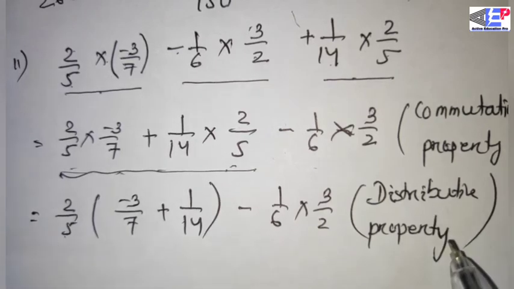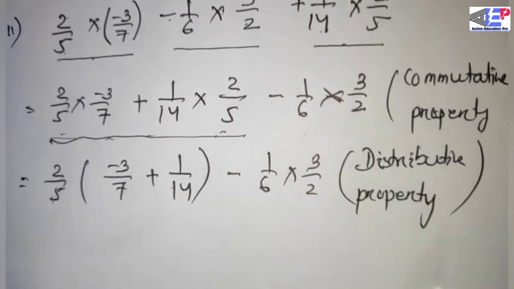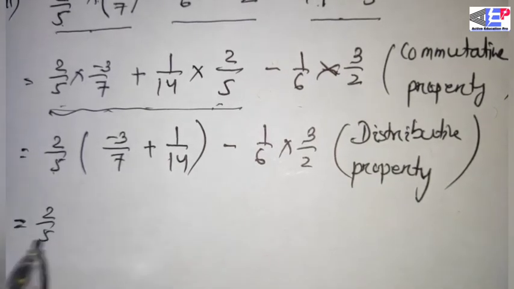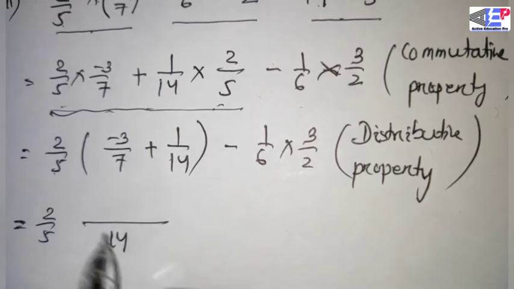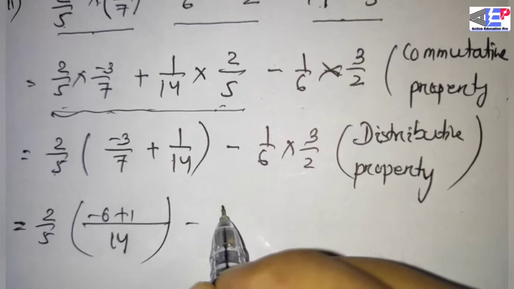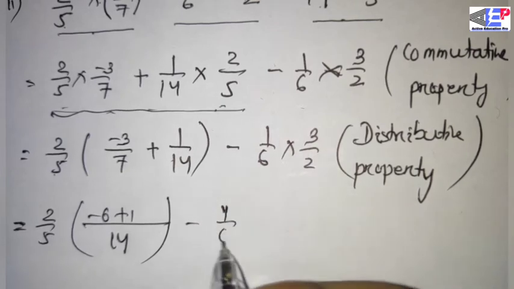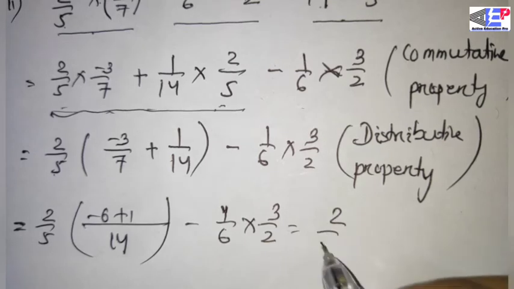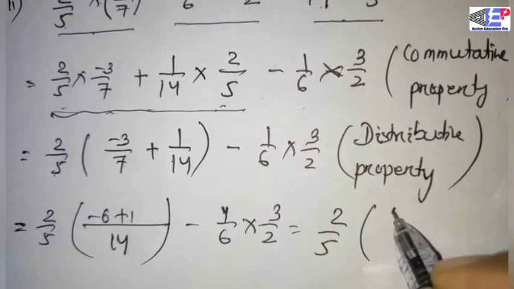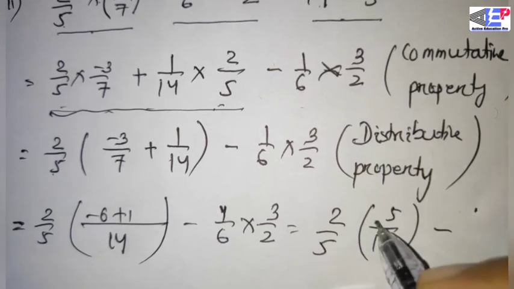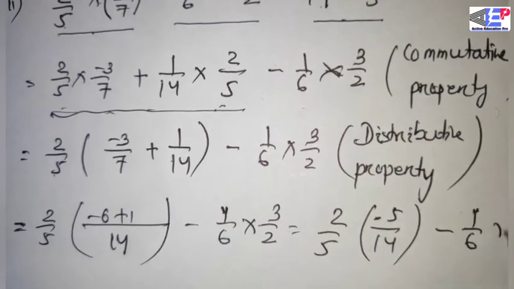So first solve the bracket: the LCM is 14, minus 6 plus 1, which gives minus 5 by 14. The answer is 2 by 5 into minus 5 by 14, minus 1 by 6 into 3 by 2.